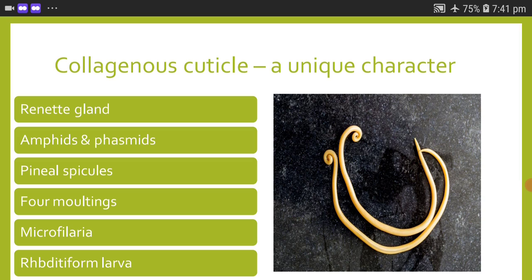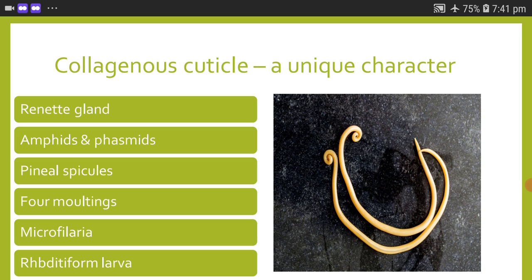Let me repeat, sexual dimorphism is a condition where male and female organisms can be differentiated by seeing external characters. In Ascaris lumbricoides, the male is shorter and its posterior end is curved, and the female is longer and its posterior end is straight.